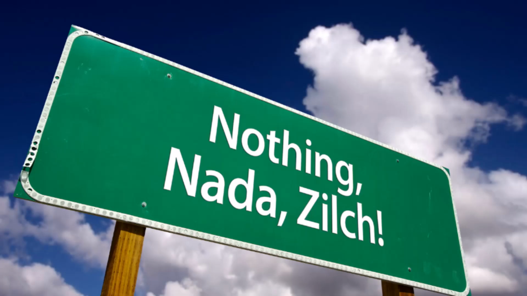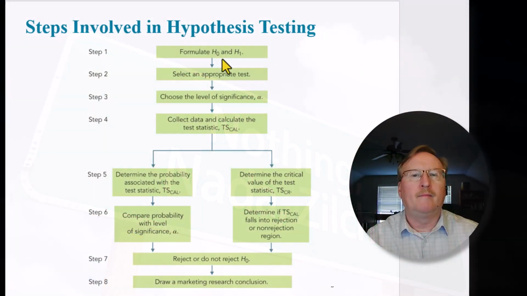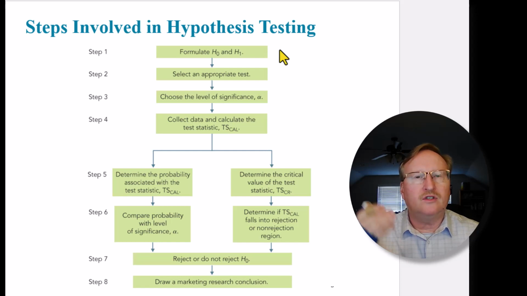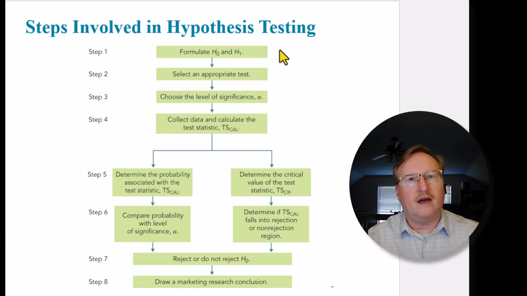H0 meaning 0. I say O. It's 0 for nothing, okay? But anyway, that's your hypothesis, right? I always have my students say, you have to say your hypothesis in your words. I believe this, right? I think this. And then you turn that statement into one of these little symbol things, which we'll see.